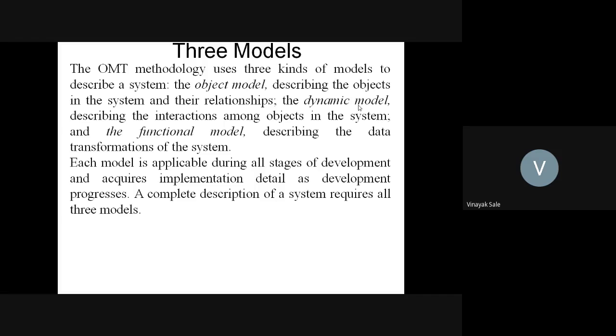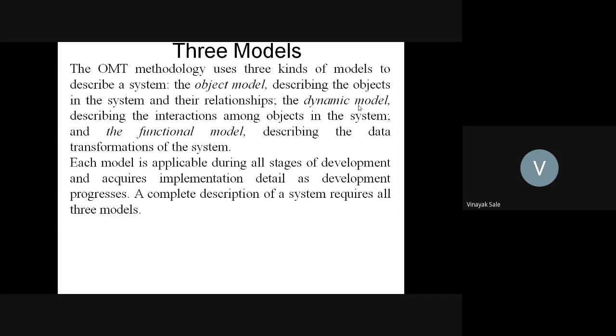So there are three models: object model, dynamic model, and functional model. These three kinds of models describe a system. The object model describes objects in a system and their relationships. The dynamic model describes interactions among the objects in the system.